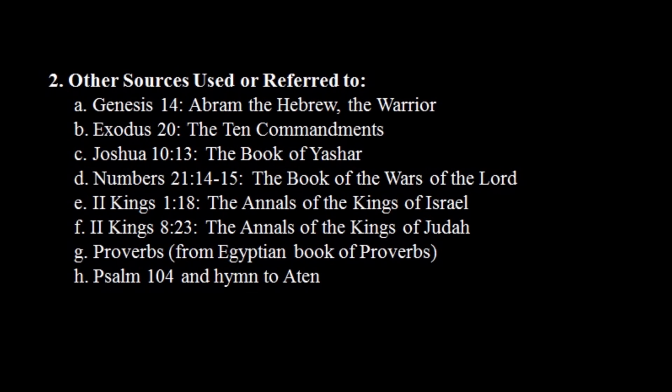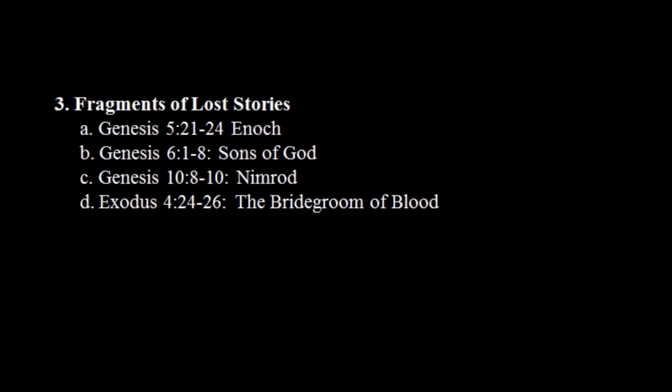And one last thing, we have in the Torah what are obviously fragments of earlier stories, possibly oral, which the Torah is quoting, but doesn't give us the whole story. Like the story of Enoch.